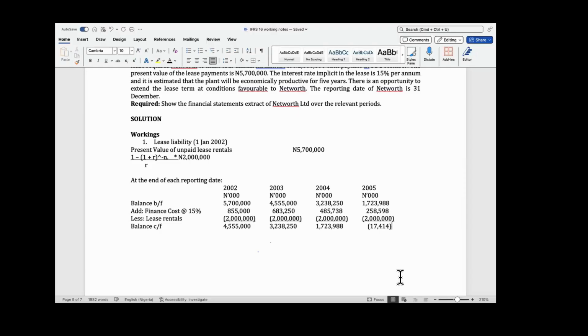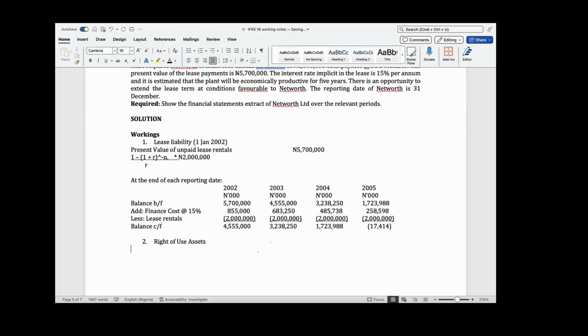I've done the lease liability over the relevant period as requested by this question. Now, the second thing I need to do is my right of use assets.